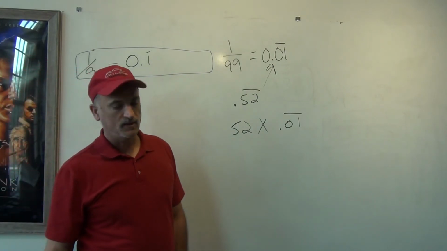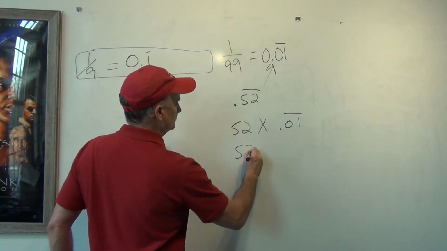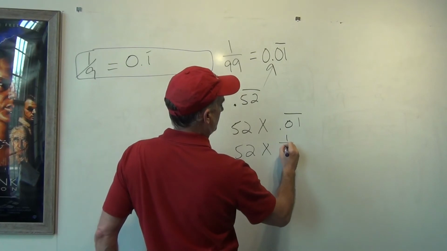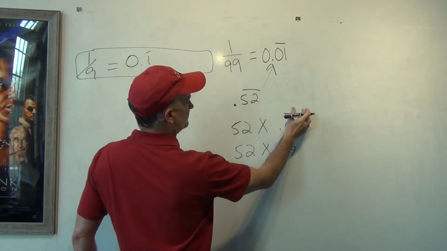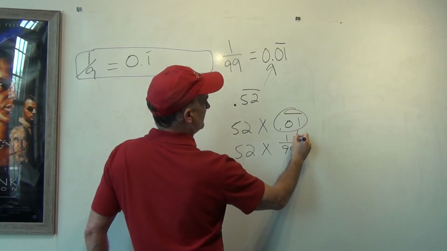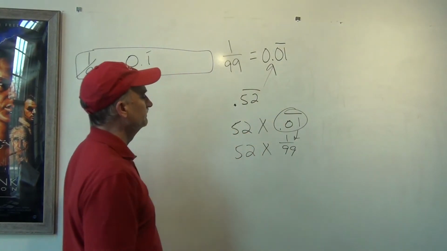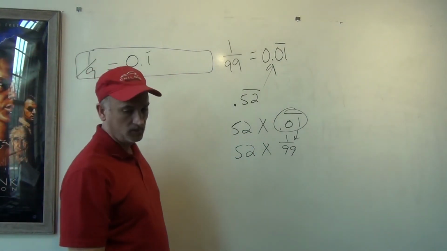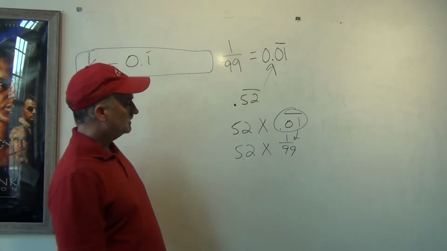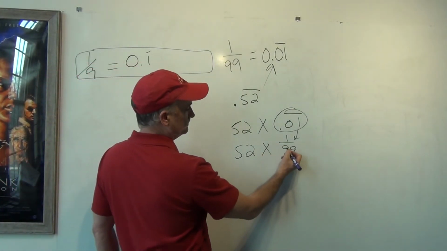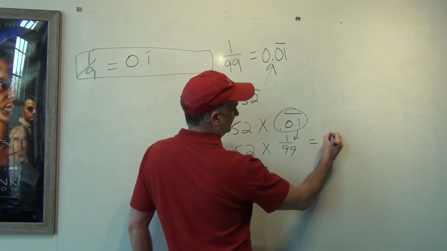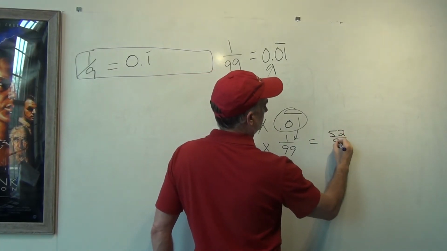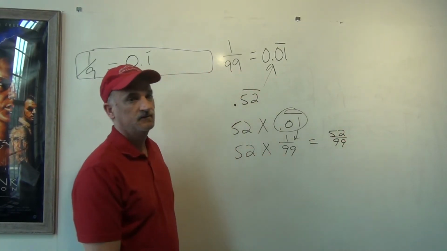So, what would that be? Well, that's 52 times 1 over 99. I just converted this into that, because that's what we said up here. Remember now. So, let's go ahead and answer this. 52 times 1/99 is 52 over 99.